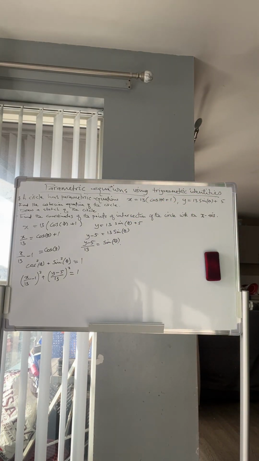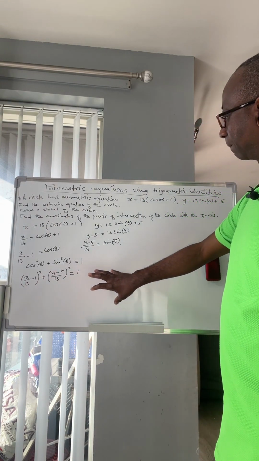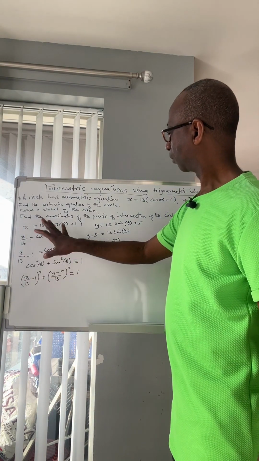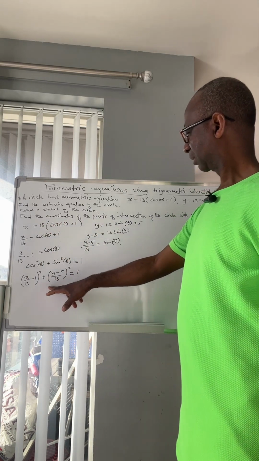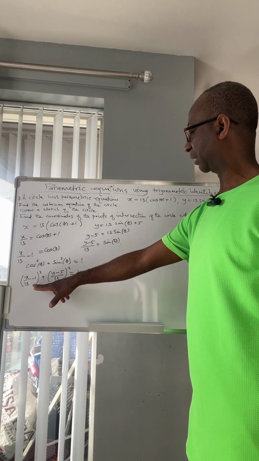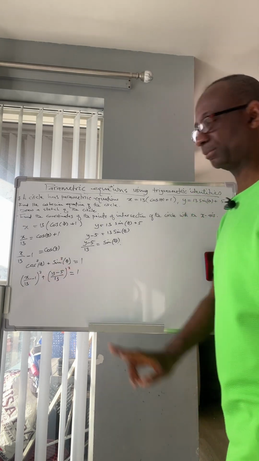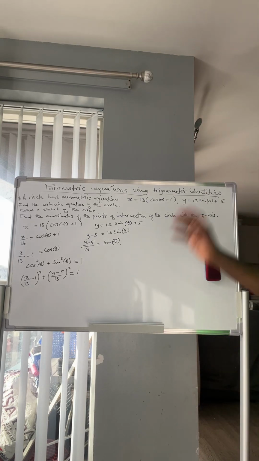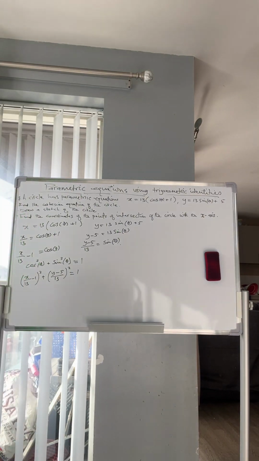Now we have our parameters in Cartesian coordinates. What we are seeing now is just x and y. Theta is gone. That's what we want. These are now Cartesian coordinates.